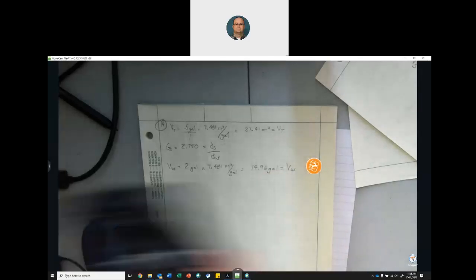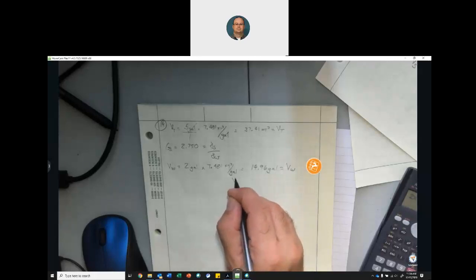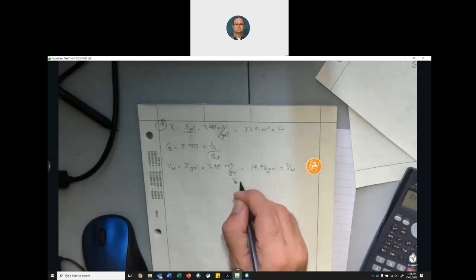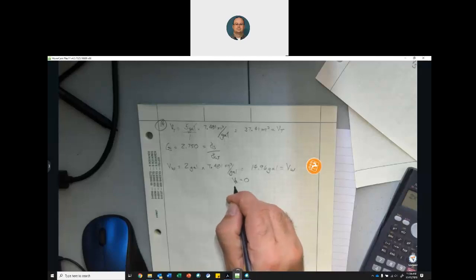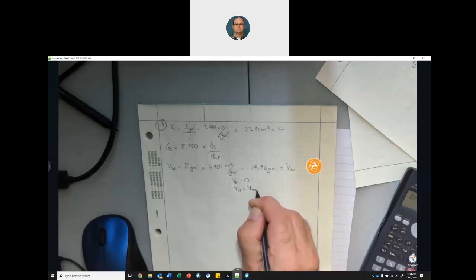So that means all the air is removed, so volume of air equals 0. That means volume of water equals volume of voids.